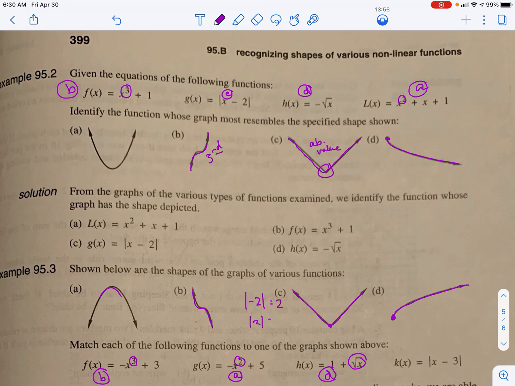The absolute value of 2 is 2. The absolute value of -3 is 3. The absolute value of 3 is 3. That's why you see them going in opposite directions, but their points are right across from each other. So the absolute value is this one here, and that is C.